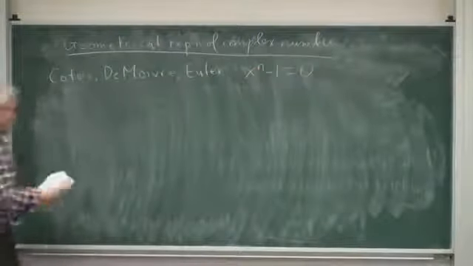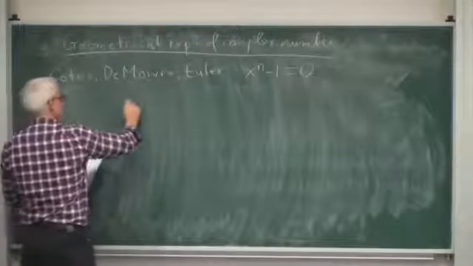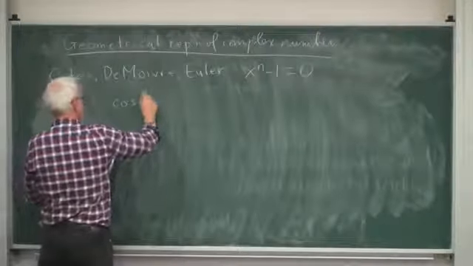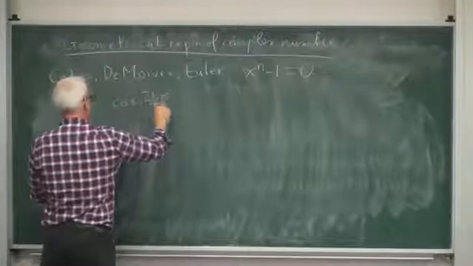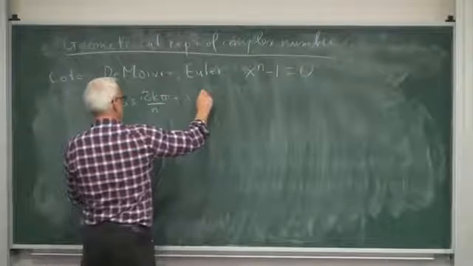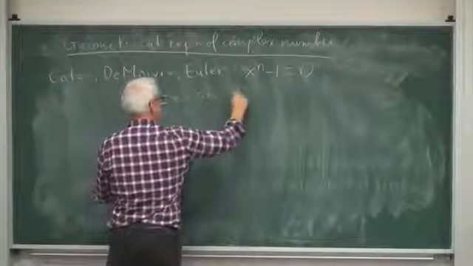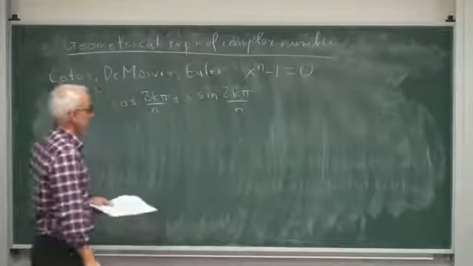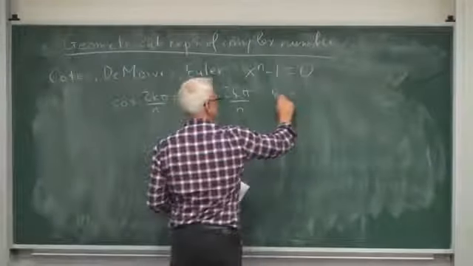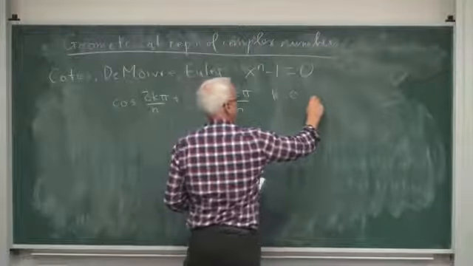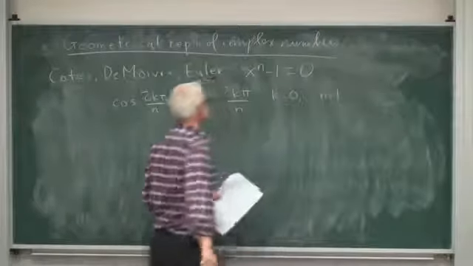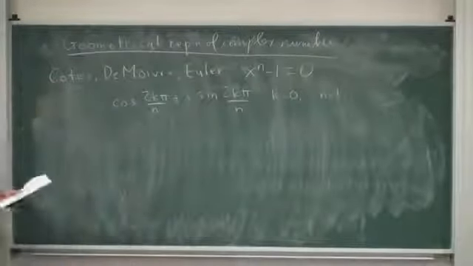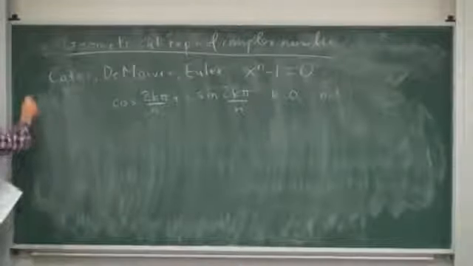And they realized that you could write down solutions using complex numbers, namely cosine of 2k pi over n plus i sine of 2k pi over n, k going from, say, 0 up to n minus 1. So this is around the 1750s.